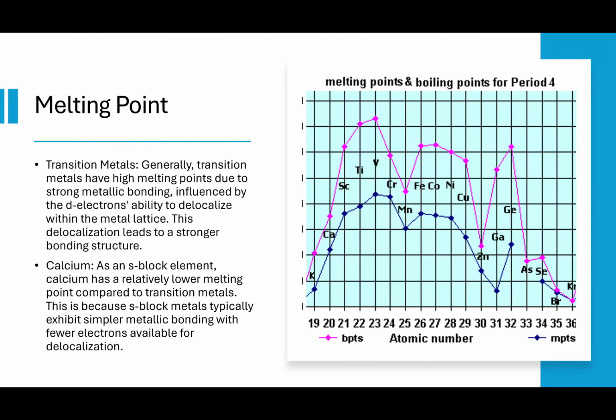Fine. Calcium now is an S block element, and calcium has a relatively low melting point compared to transition elements. Why is this? This is because there are fewer electrons available for delocalization. That makes sense, right?